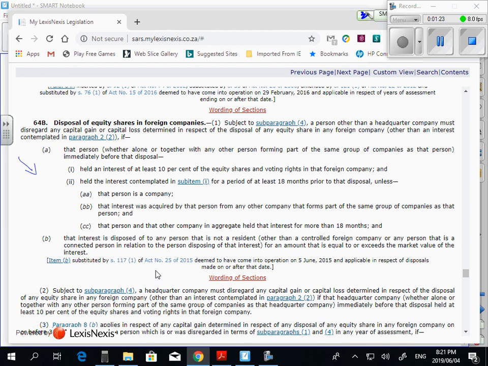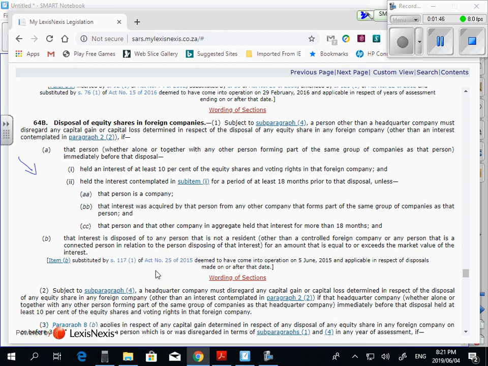It says, subject to subparagraph 4, a person other than a headquarter company must disregard any capital gain or loss. This could be a profit or a loss. In respect of the disposal of any equity share in any foreign company, so it's only in relation to a foreign company.